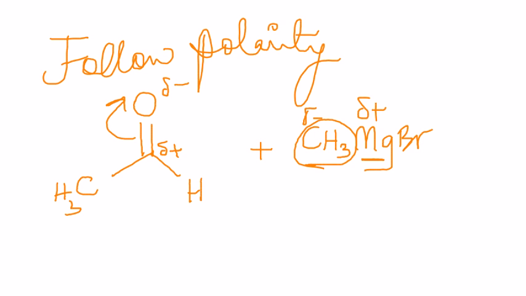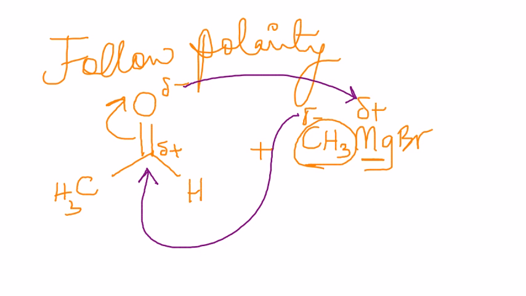And so when the reaction takes place, since it's negative to positive, the negative on the carbon is going to attack the carbon of the carbonyl, the electrophilic carbon, and the negative on the oxygen is going to pick up the magnesium. So those are the two interactions that are going to occur. So if somebody asks you what is the first arrow that you would want to show, always say negative goes to positive.